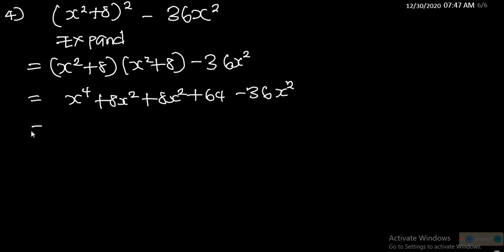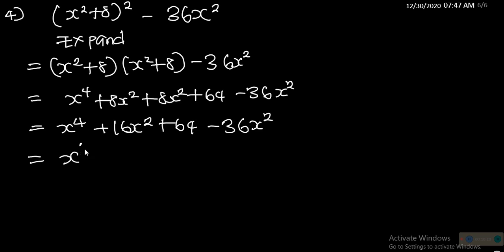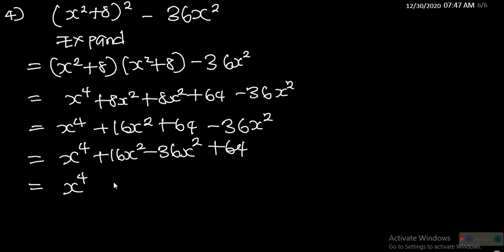Okay, and if we collect the like terms here, we have 16x squared plus 64 minus 36x squared. Collecting the like terms further, we have x raised to power 4 plus 16x squared minus 36x squared plus 64, and then this can give us x raised to power 4 minus 20x squared plus 64.